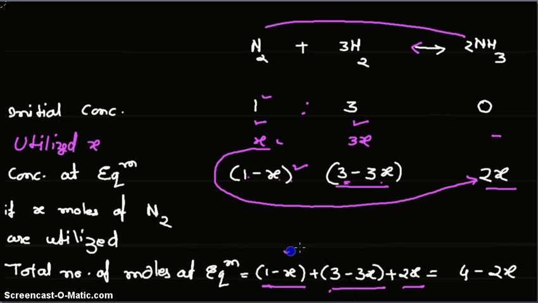If we sum up all these three, we get the total number of moles present at equilibrium, that is 4 minus 2x. Why are we finding this figure? Because it is used to find the mole fraction of nitrogen. So now we are going to substitute the given information in this formula.